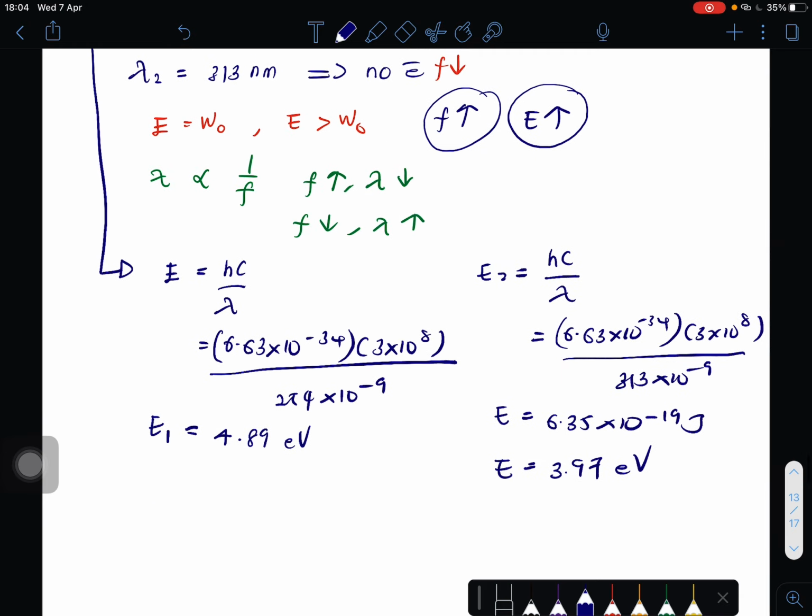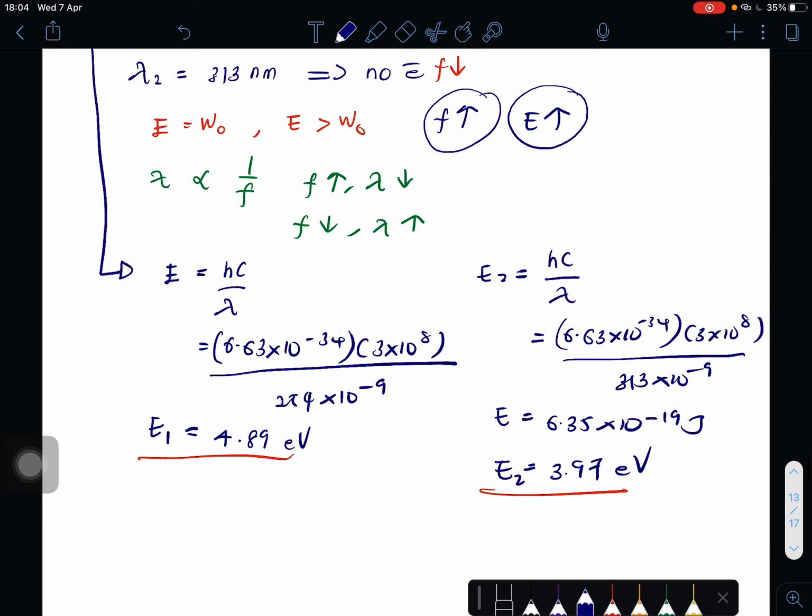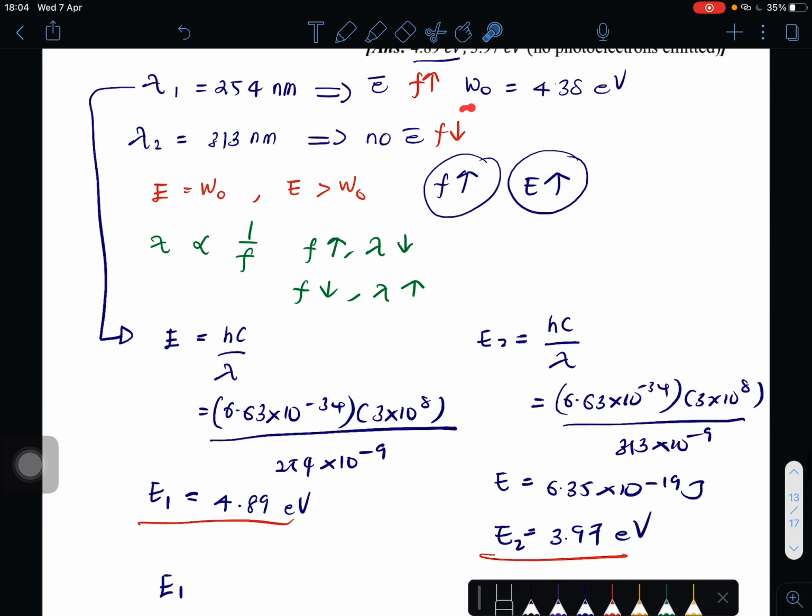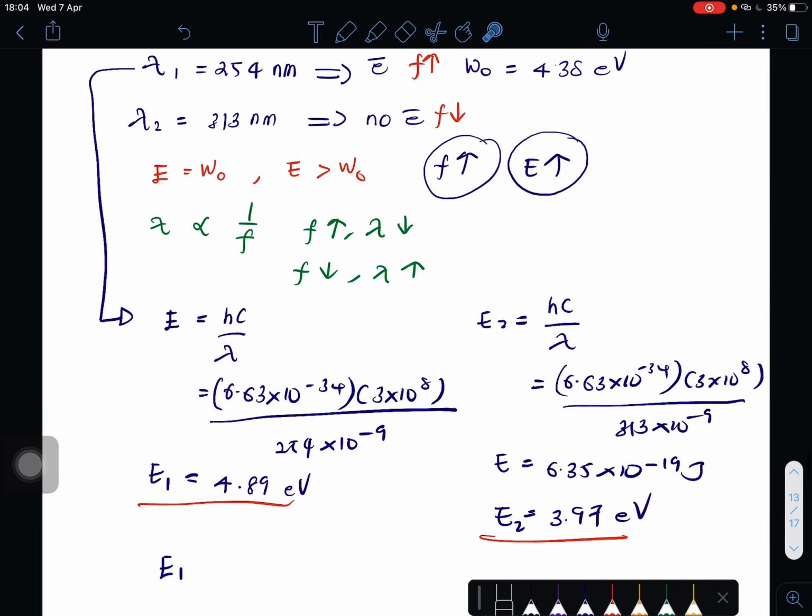Okay, so now kita ada dua value dekat sini. So E1, if we compare to the work function, is actually larger than the work function.